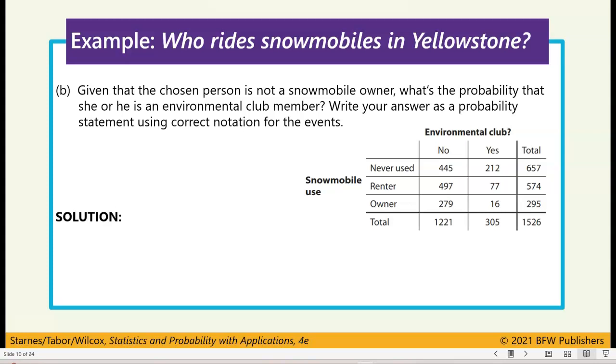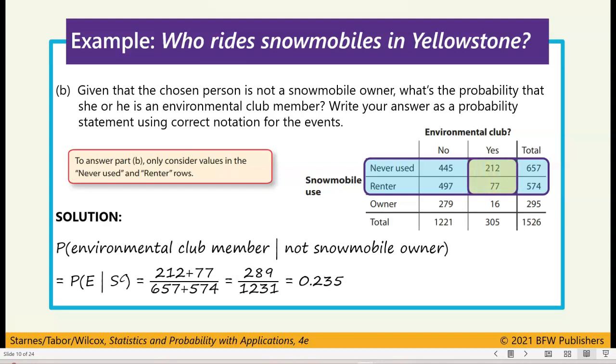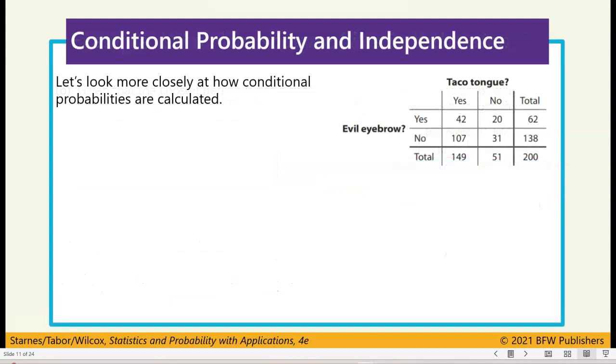So you add up those two numbers. The given is the 656 that have never used one and the 574 who have only rented one. Those are the people who are not snowmobile owners, and those two together are the denominator. What's the probability that he or she is an environmental member? Then we add up the 212 plus 77 for our numerator, and you get the probability, 23.5%.